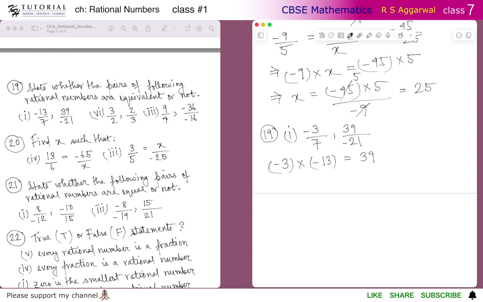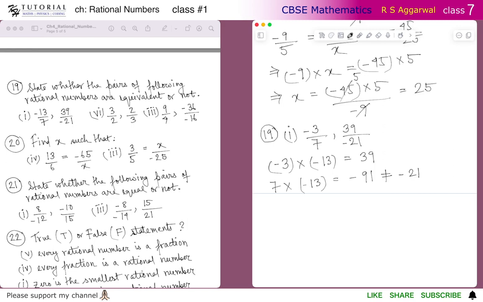But if we multiply 7 with minus 13, we get minus 91, which is not equal to minus 21.